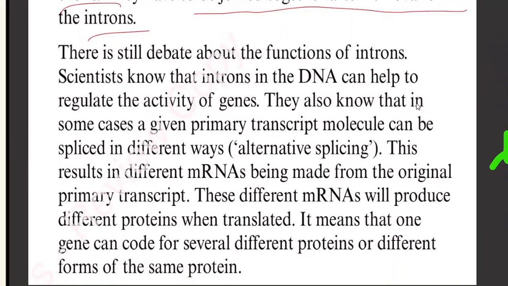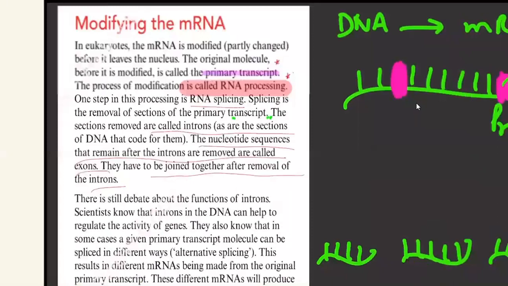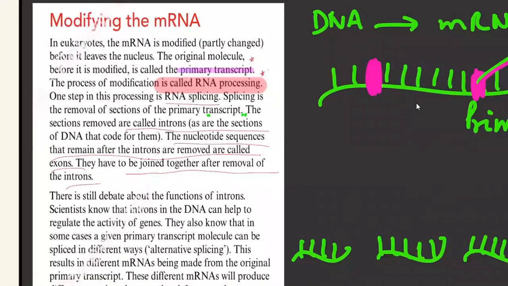So this is the beauty of genetics actually. You have only one gene, right? We say a gene is a section of DNA that codes for a polypeptide. So the same gene can make different kinds of proteins and different forms of the same protein. How? Through the process of modification of mRNA. So this is the beauty of genetics. Is that clear?